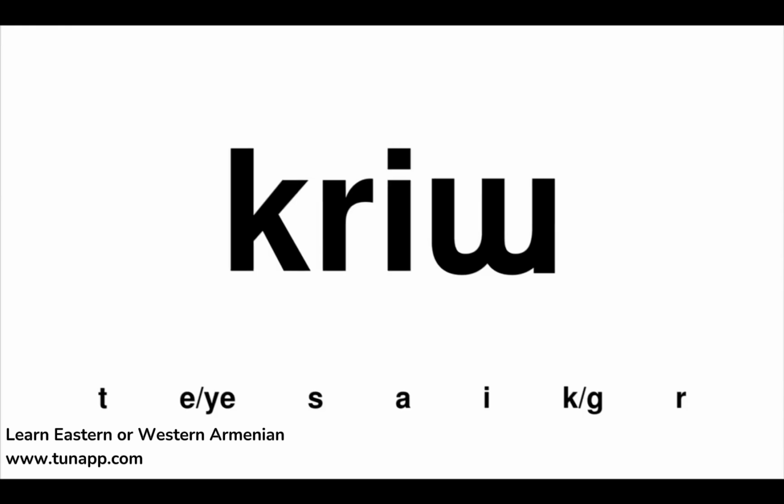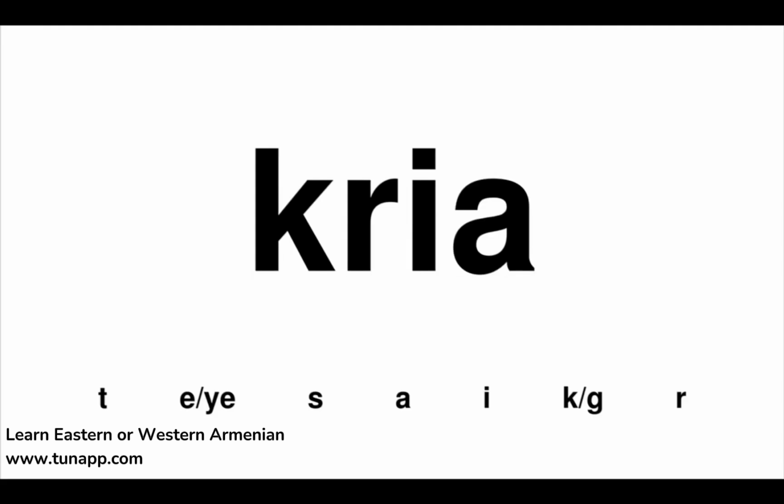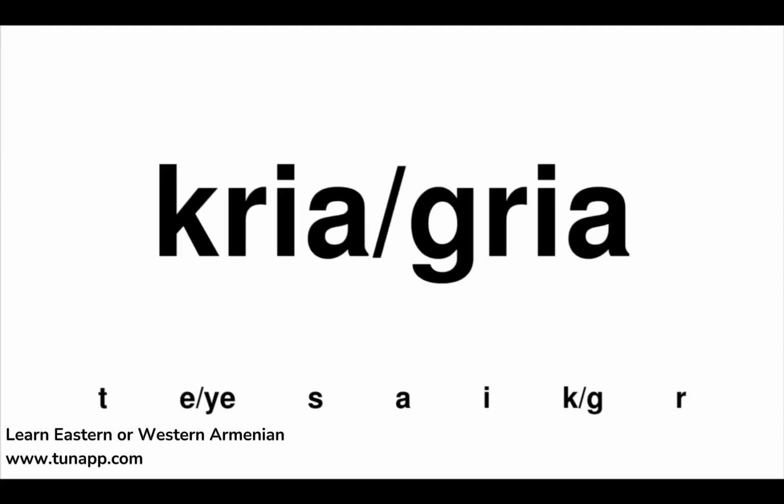The third letter is I. Okay, and can you remember the pronunciation of the final letter on screen? A. Kriya or Griya, meaning turtle in Armenian. Using the letters that we've learnt today, you can now spell, read and write the words ser, sa, and kriya or griya, depending on your dialect. This, love, and turtle.